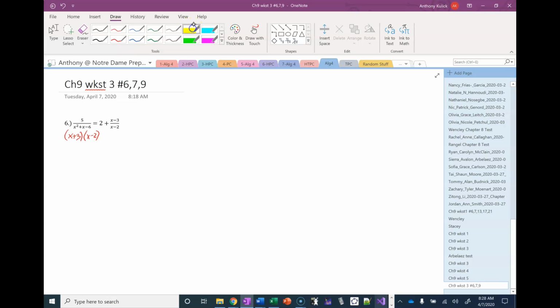So what I'm going to do now is determine the least common multiple of the denominators. If I look at the denominators, I have the x plus 3 times x minus 2. I have a 1, because really that's 2 over 1. And I have an x minus 2.